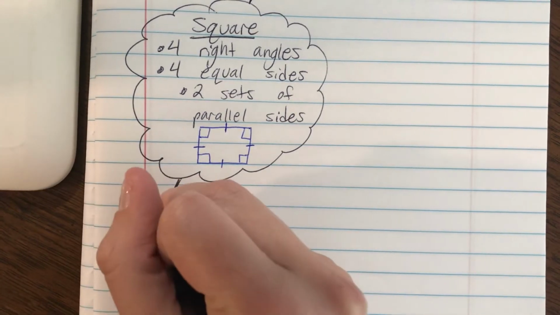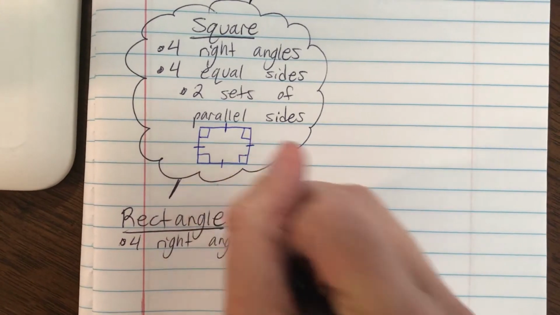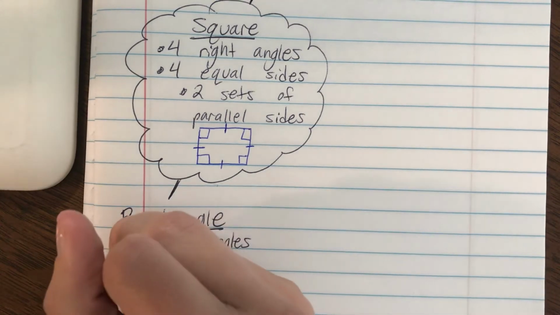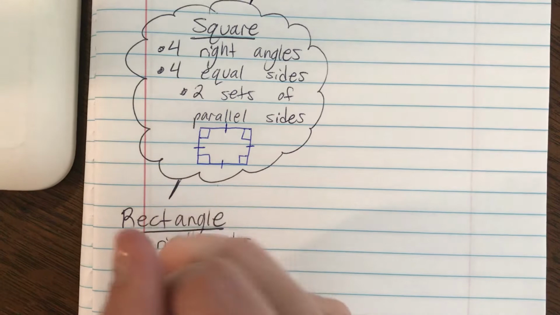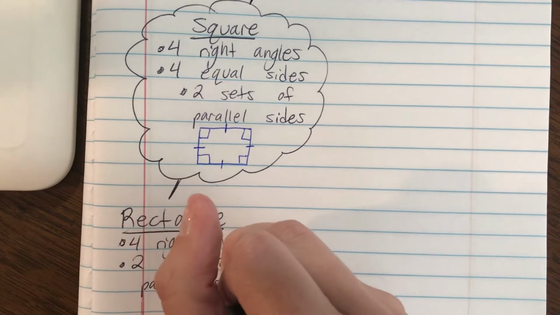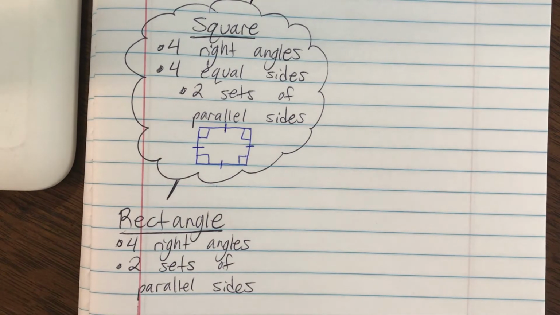They're still going to have those 4 right angles. However, they are no longer going to have 4 equal sides. They are still going to have those 2 sets of parallel sides. That is very important to remember. However, with a rectangle, some sides are longer than others.